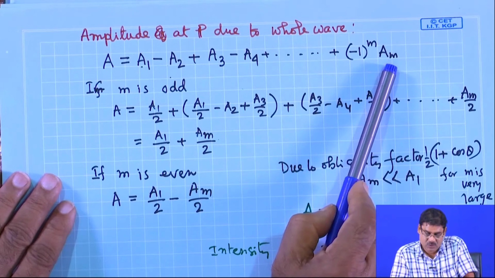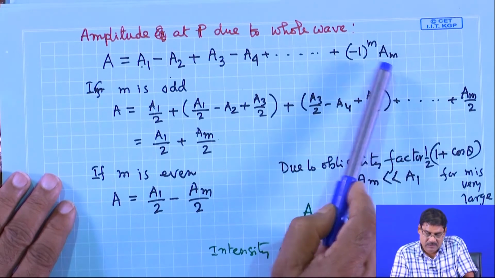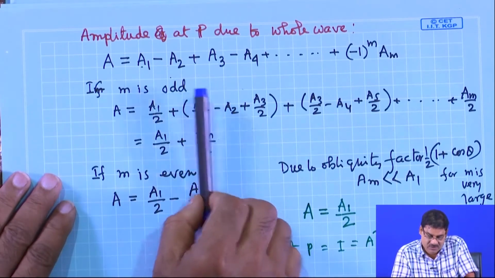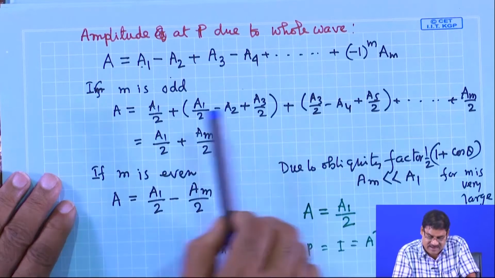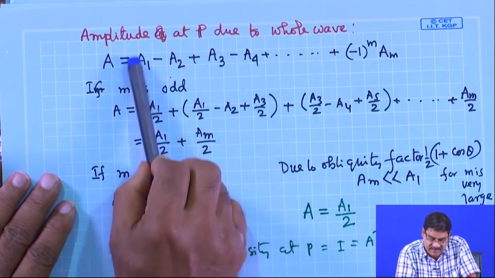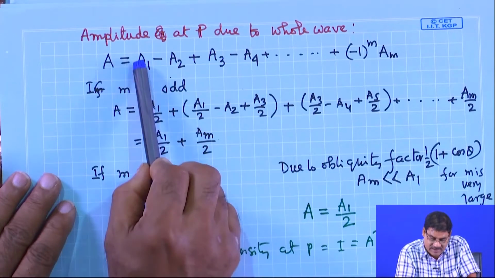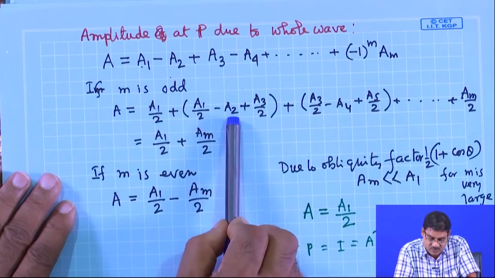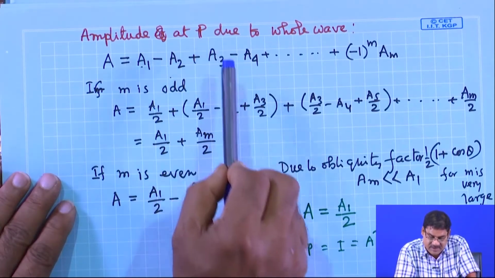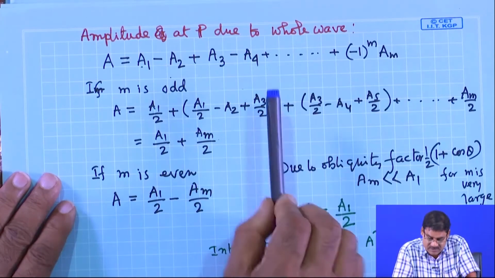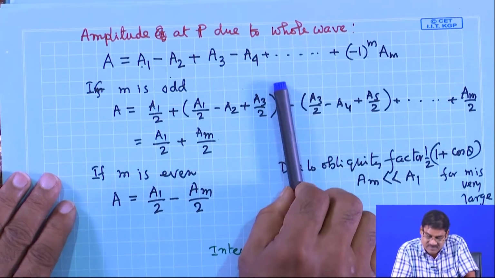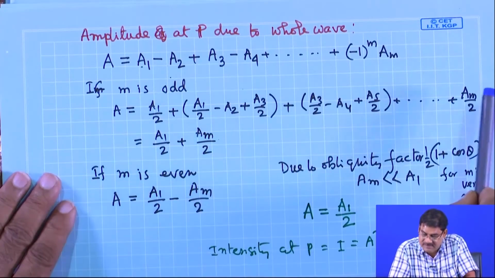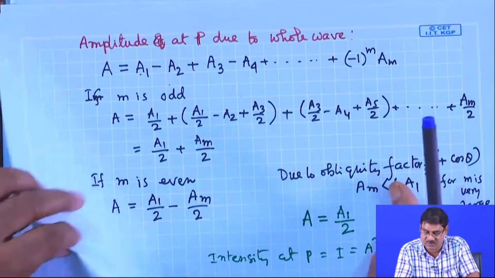Okay. So if m is odd, we can rearrange this. If it is 3, A1 A2 A3, I can write A1 by 2 plus A1 by 2 minus A2, A3 plus A3 by 2 plus A3 by 2. Okay. So this term A3 by 2 is going extra. So if it is odd, then this A m by 2 is going to be extra.